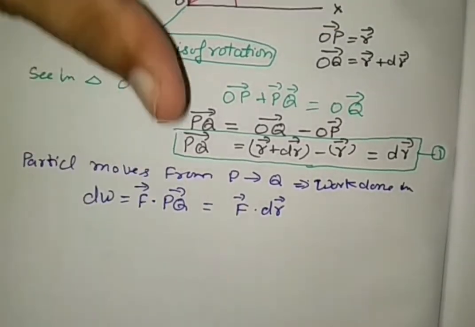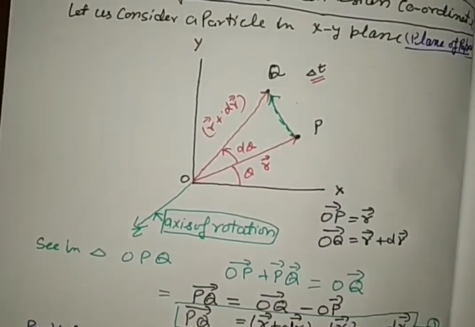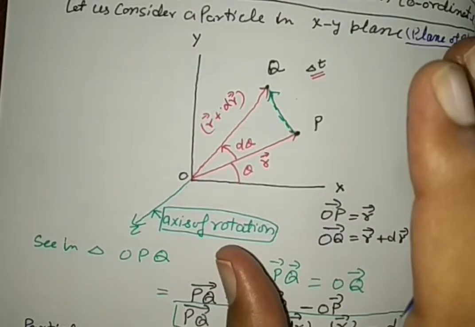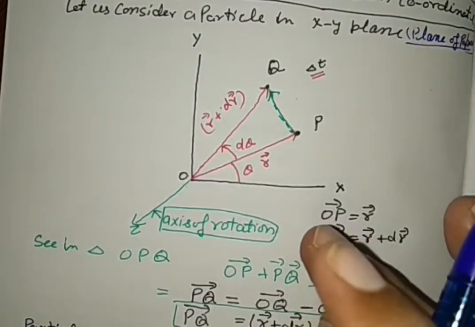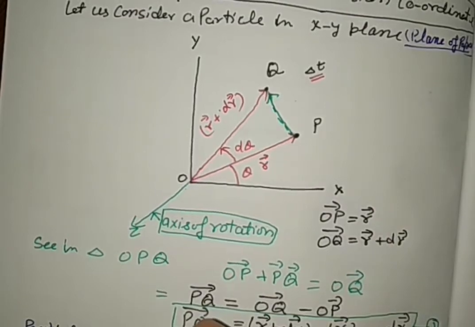Now see very carefully. Force is applied on XY plane. See, once more focus the diagram. Students, you can understand the concept only and only when you are listening to my explanation with patience. Okay.